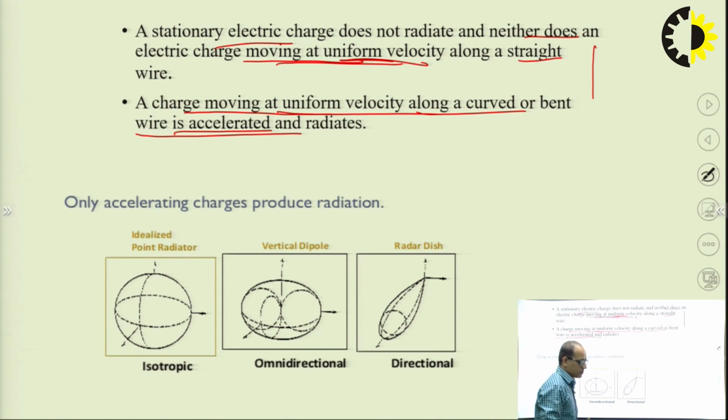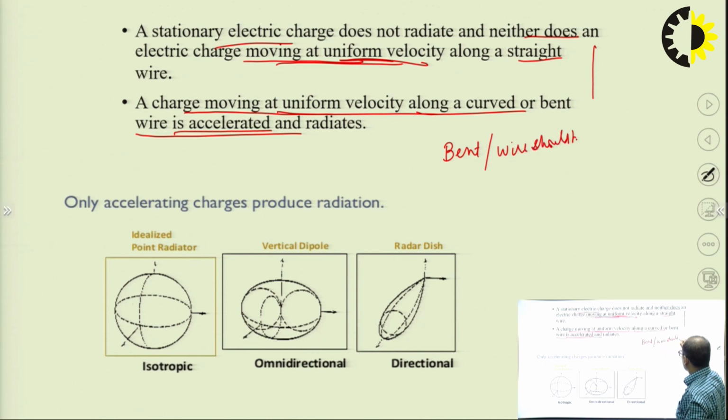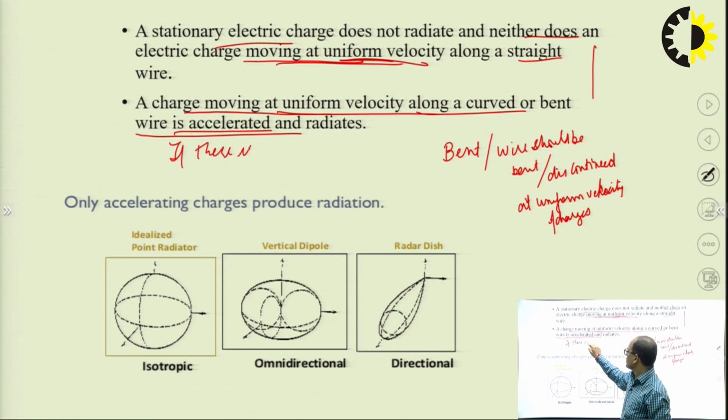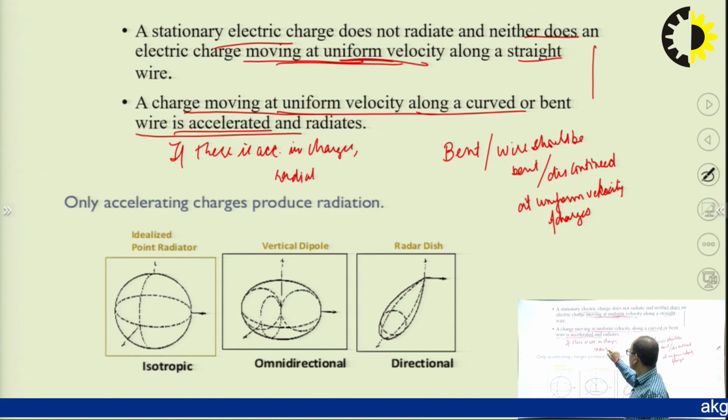So mainly for radiation, the wire should be bent or discontinued, or you can say that if there is acceleration in charges, then also radiation will be there.